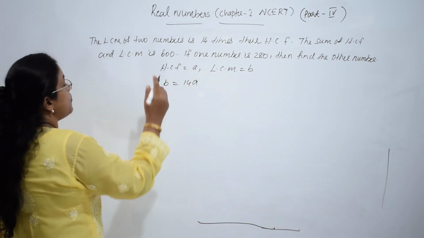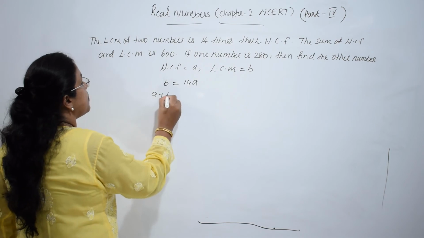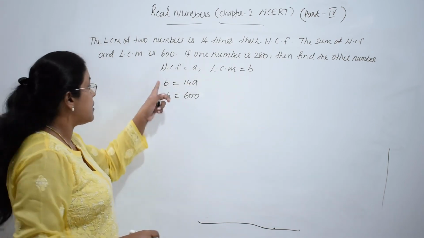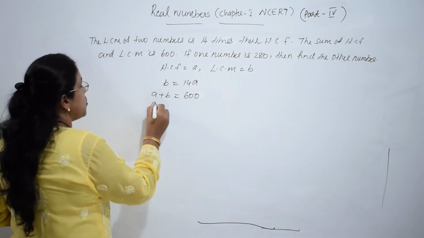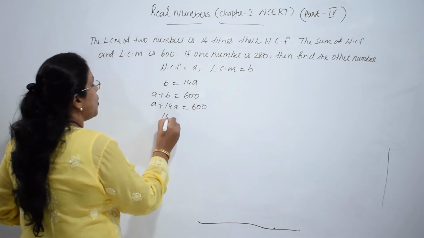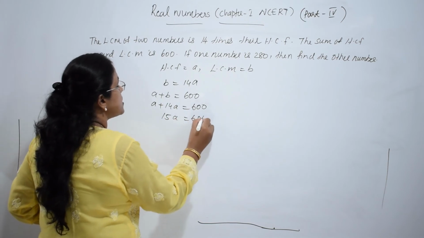Next, the sum of HCF and LCM: A plus B is equal to 600, where we can write B as 14A. So A plus 14A is equal to 600, or 15A is equal to 600.